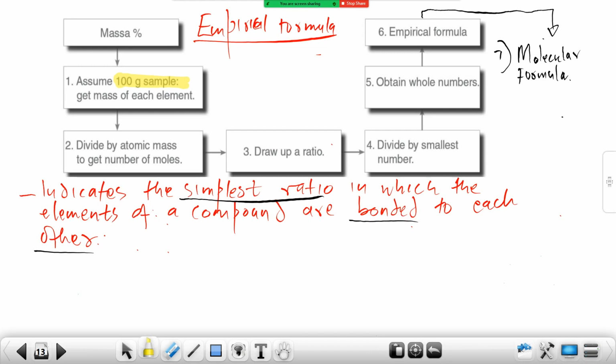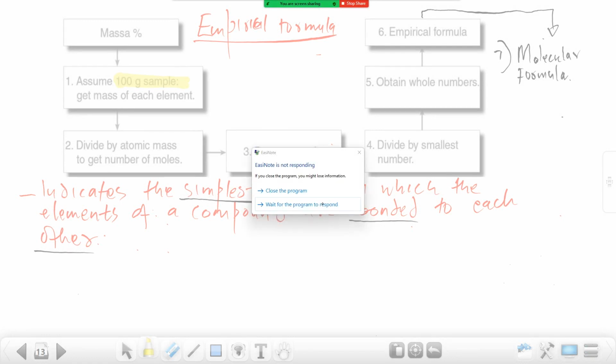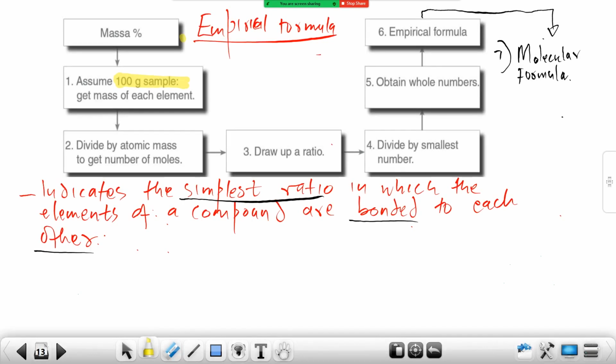So at the end of it all, where do I start? My starting point will be what information is given to me. If I am given mass in terms of percent, it's easy for me to convert that into mass. If I am given the mass, I must just calculate the number of moles.